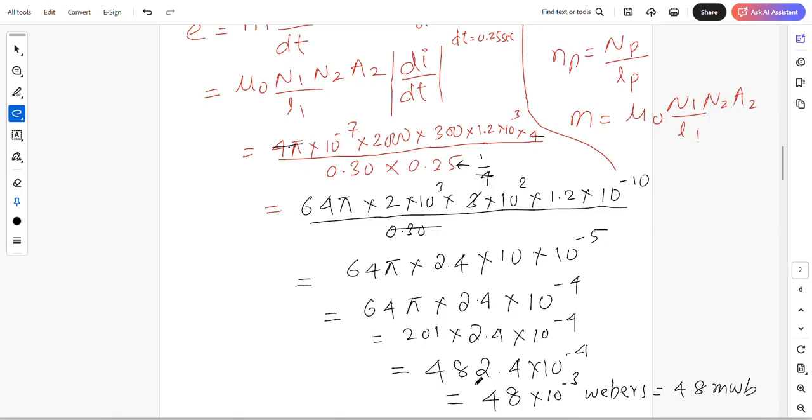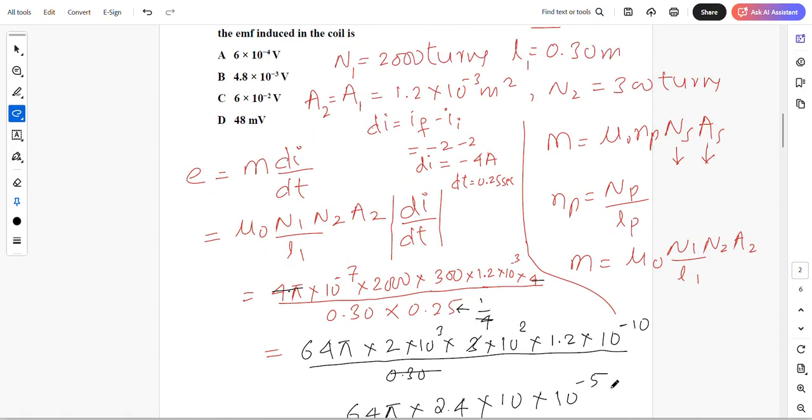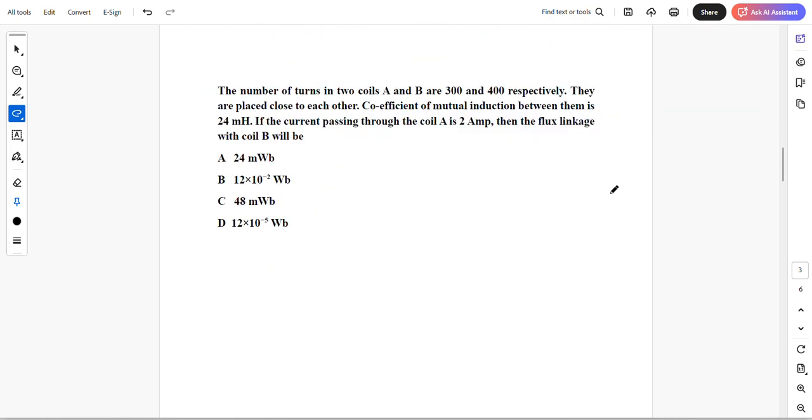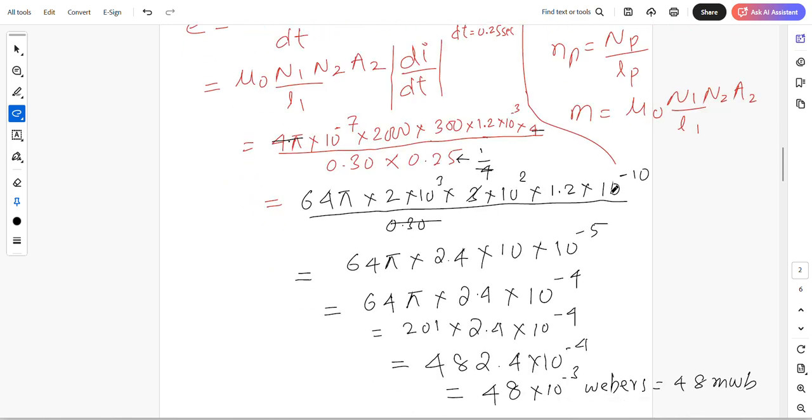Understood? I can write this as 48 milliwebers. Hope you understood this. This is just calculation part. You have to be careful. Once you remember the formula, you can do it. Okay, this is 48 milliwebers is the right answer.